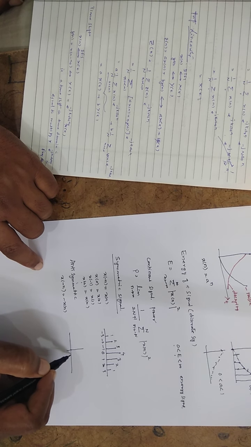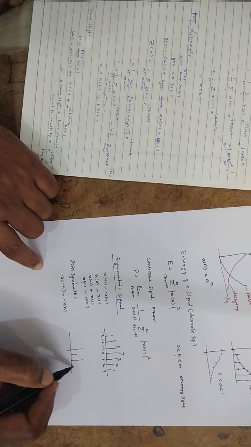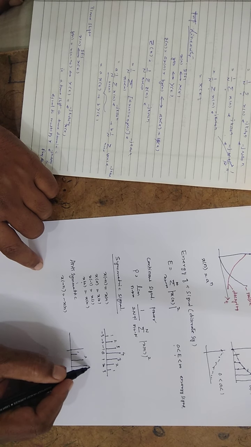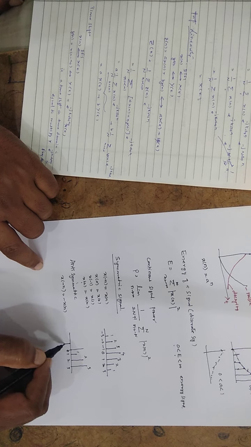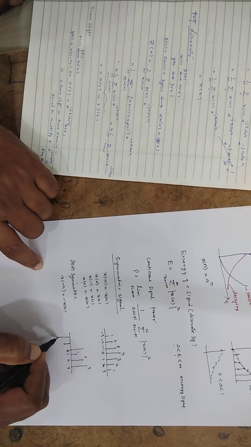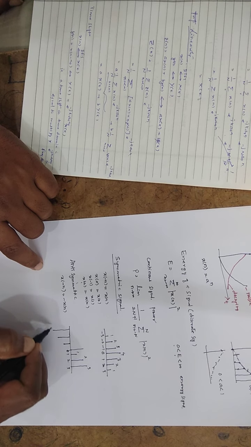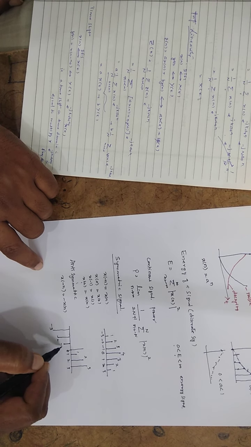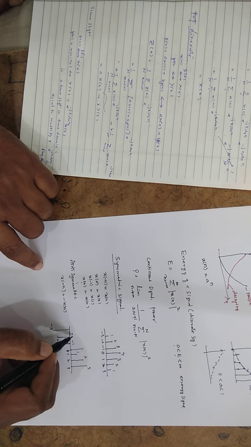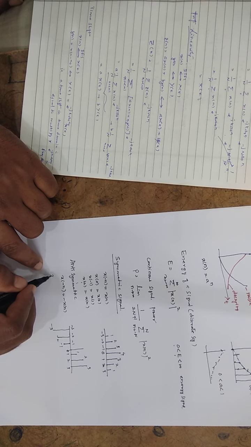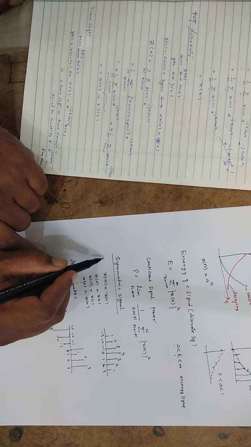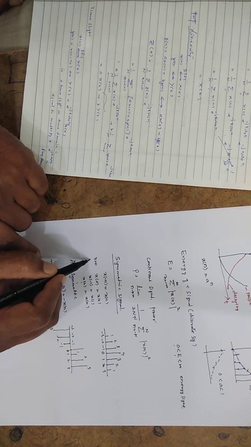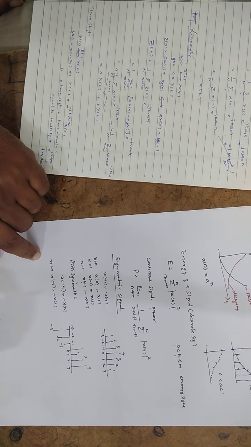That is, if the index is 0, 1, 2, 3, then on the other side it will be minus 1, minus 2, minus 3. That is, x of minus 1 equal to minus of x of 1. This is for n equal to 0. Similarly here, n equal to 0, n equal to 1, n equal to 2.